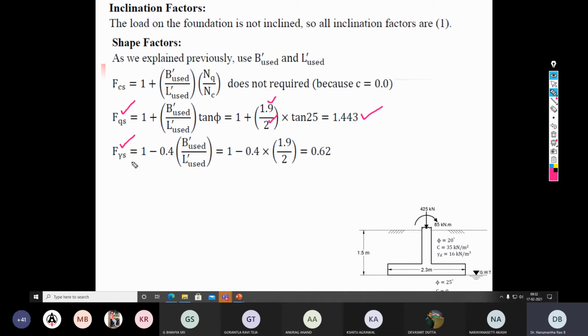Similarly, the shape factor corresponding to the self weight component is 1 minus 0.4 into B dash by L dash, that is 1 minus 0.4 into 1.9 by 2, that is 0.62.